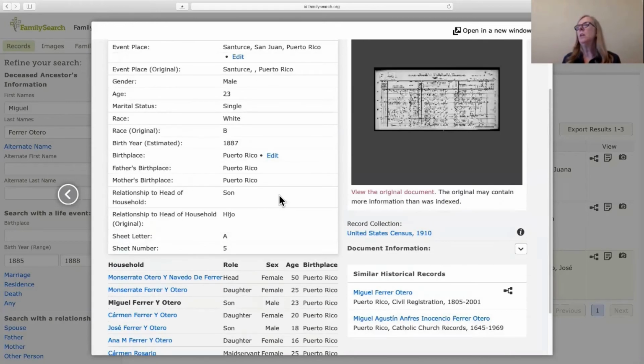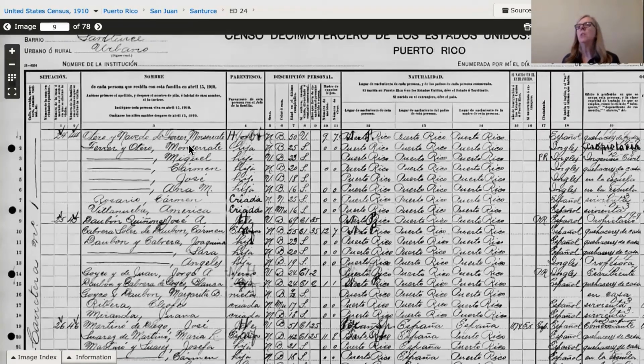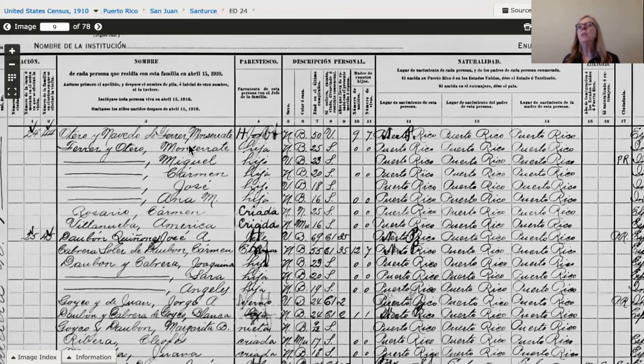Now let's take a look at the image. Let's zoom in and take a look at the family. So here we have Monserrate Otero y Navedo de Ferrer, and you'll notice in her marital status, she has a V. V stands for viuda, meaning she's a widow. And we also have some great information in the 1910 census that she is the mother of 9 children with 7 still living.